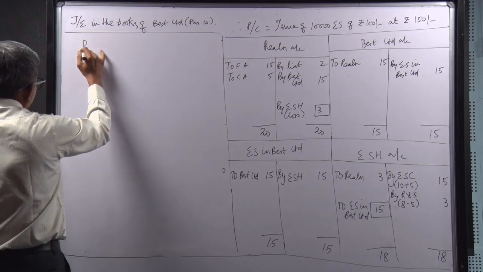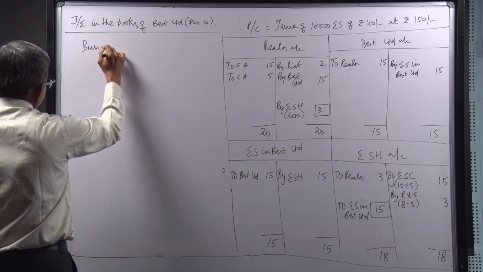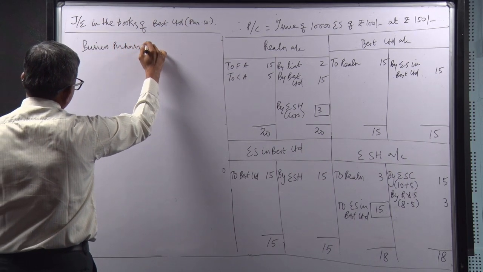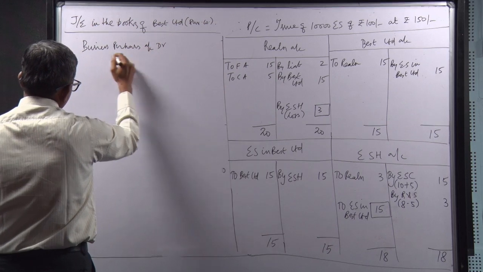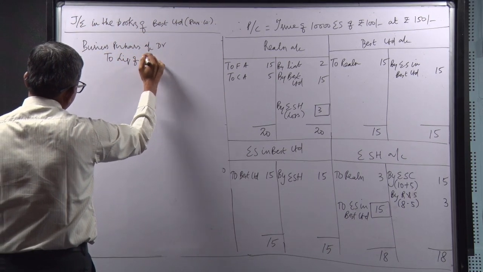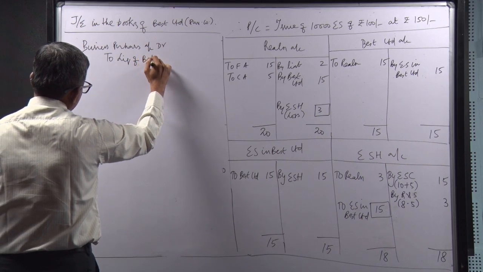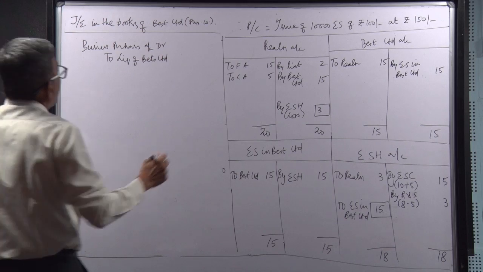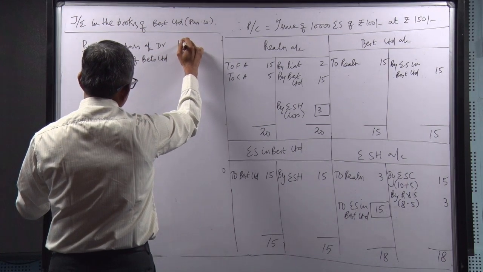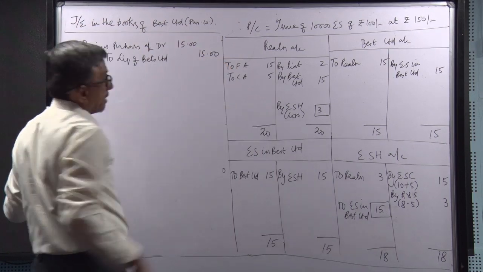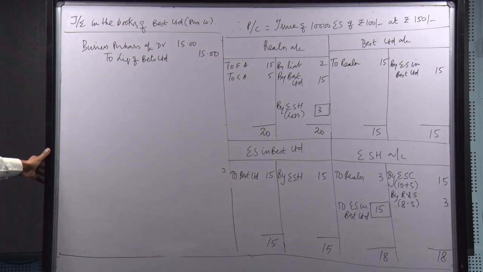Number 1, business purchases account debit. 2, liquidator of Pets Limited account. In this problem it is 15 lakhs. This is the consideration due to shareholders of Pets Limited.